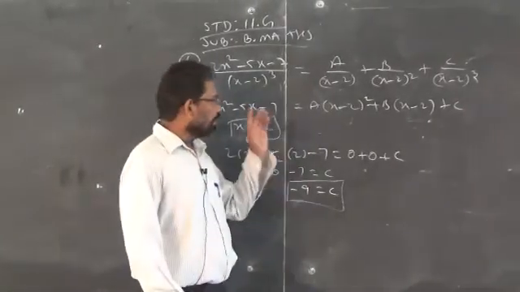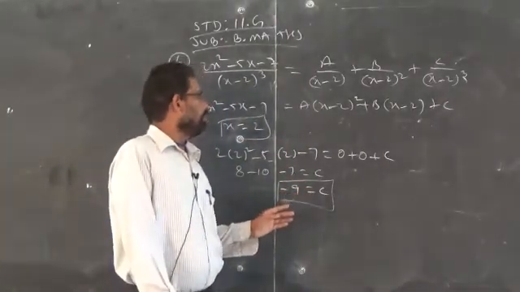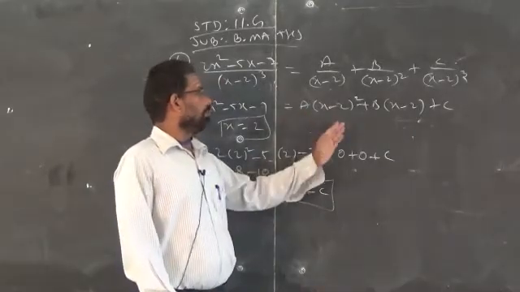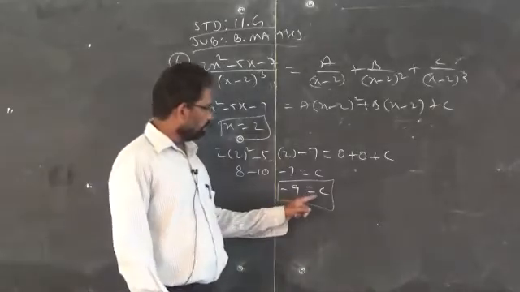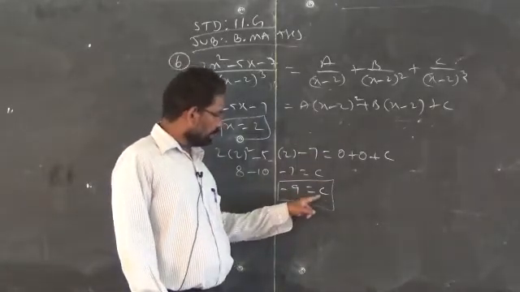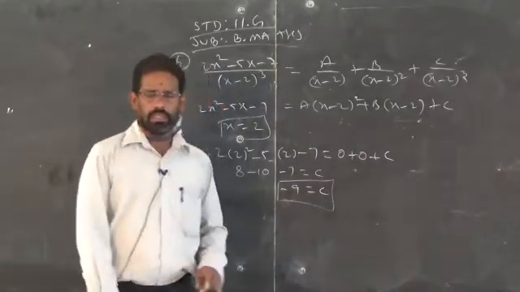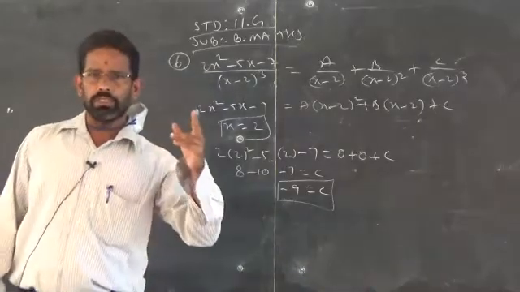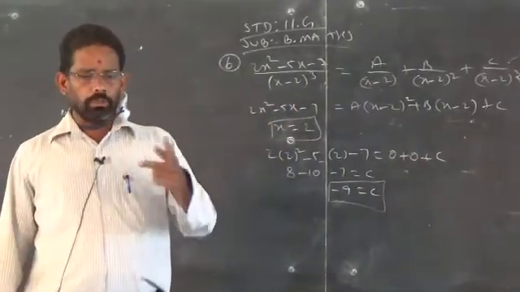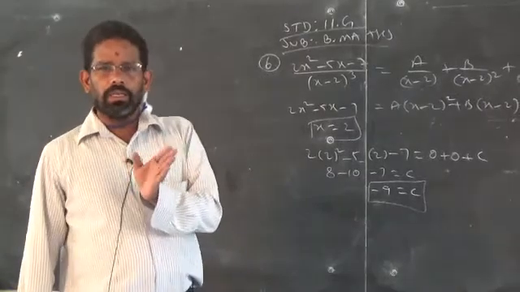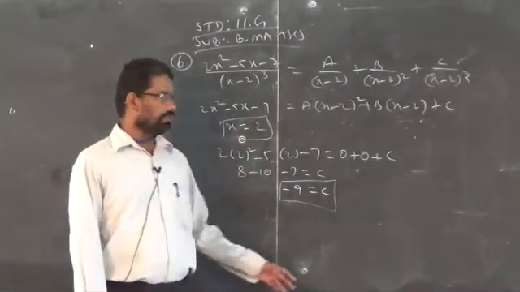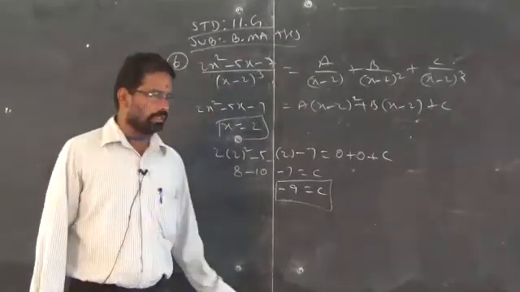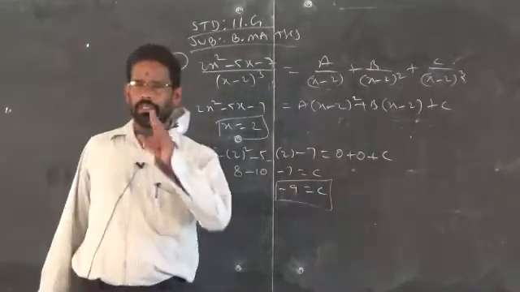Again you will get a linear equation in the constants a, b and c. In those two equations, if you replace c is equal to minus 9, they reduce to two equations with two variables a and b. Then you can apply the elimination method or whatever method you studied in the lower classes, and you will get the values of a and b. That is one method.